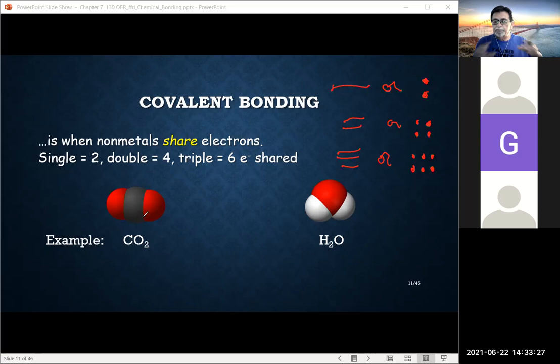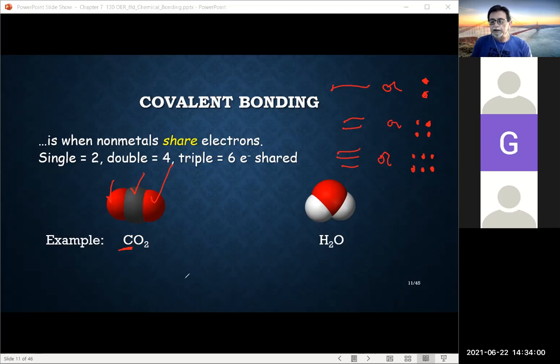Now we have models that we utilize, what we call space-filling models. You can see here the red represents the oxygen and the dark color represents the carbon. And generally, like I stated earlier, when we have covalent compounds, the first element that is written first, like in this case carbon in the carbon dioxide formula, is the central atom.